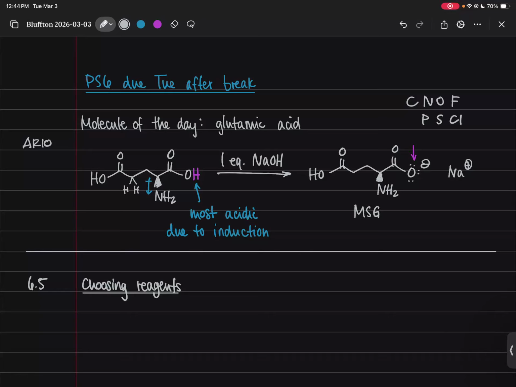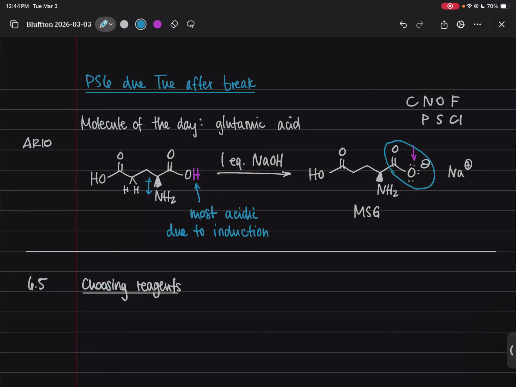AR, IO, R is for resonance. And so then we have to look at resonance stabilization of the conjugate base of each of those acidic protons. So we're looking at resonance stabilization of this conjugate base.